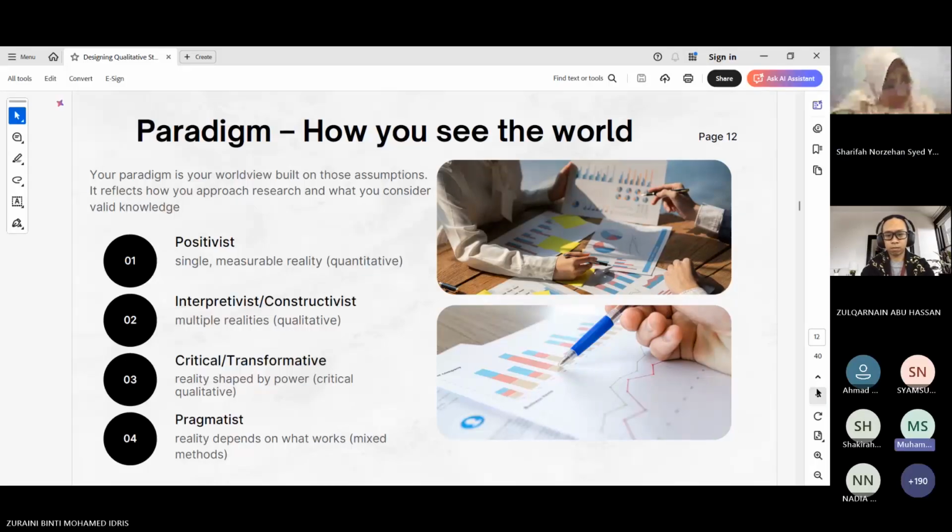After that, I do triangulation analysis. Is it enough when I do triangulation analysis, or do I still need to construct another finding or another conceptual framework?